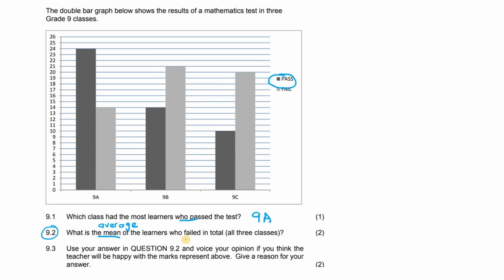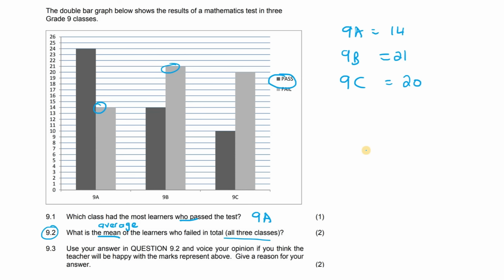What is the average of the learners who failed for all 3 classes? Okay, so we got the learners in 9A who failed. There are 14 of them. In 9B, there are 21 of them. And then in 9C, there's 20 of them.